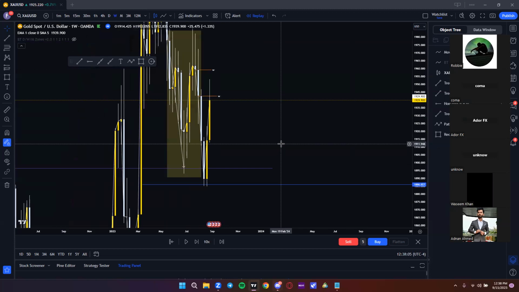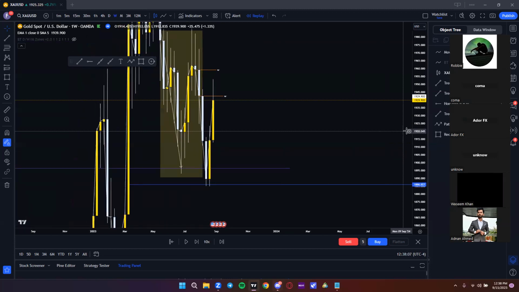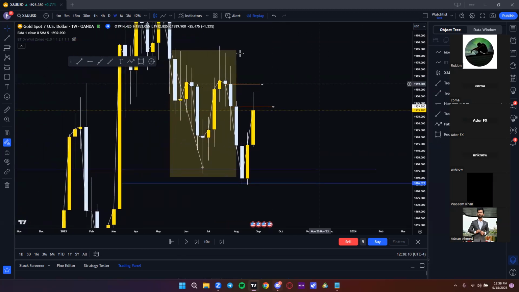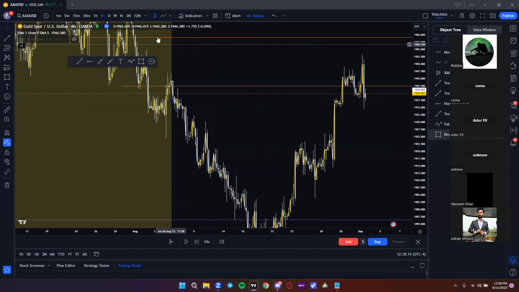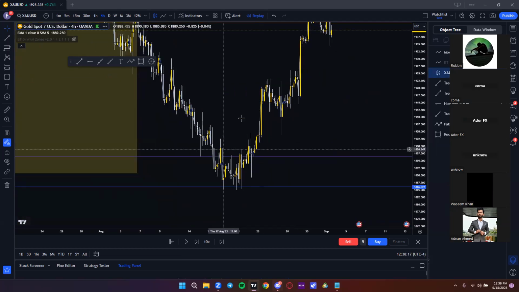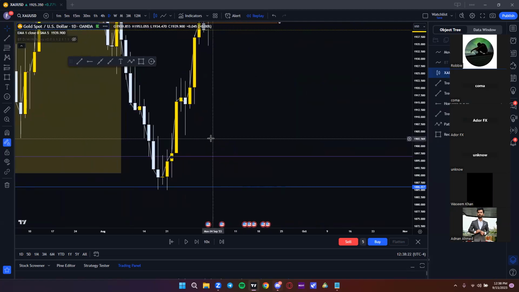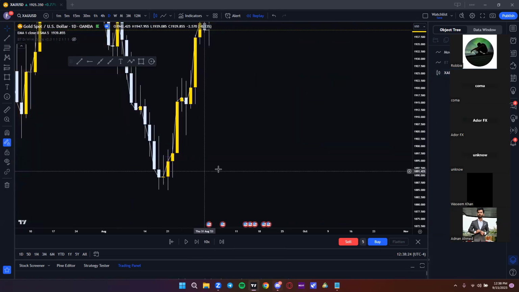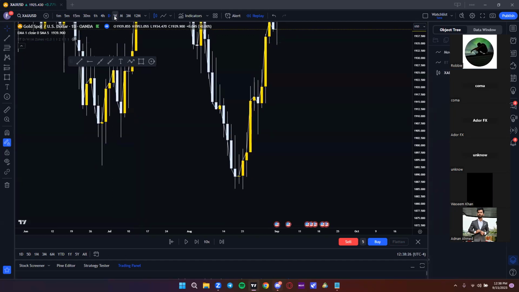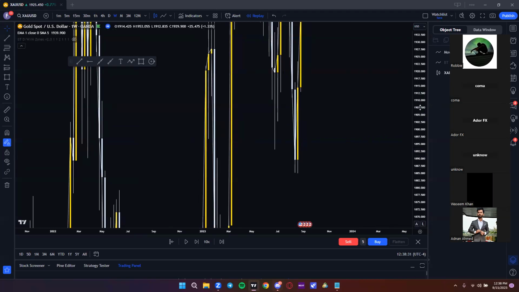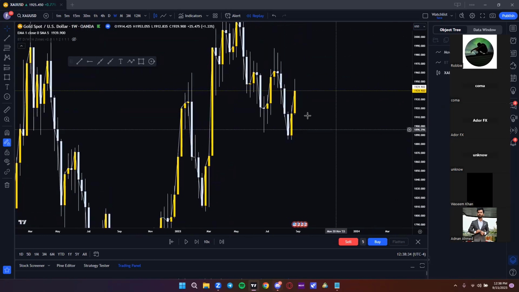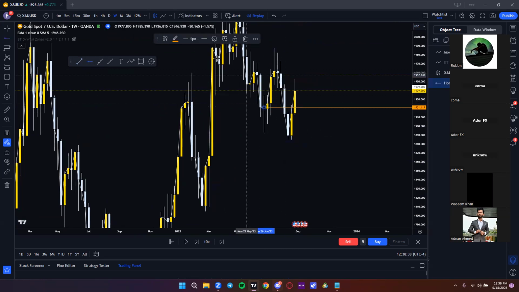Let's look at what's going on right now in real time. We had a breakout to the upside. Let's look at that. Clear the charts. We also have a breakout here, weekly.